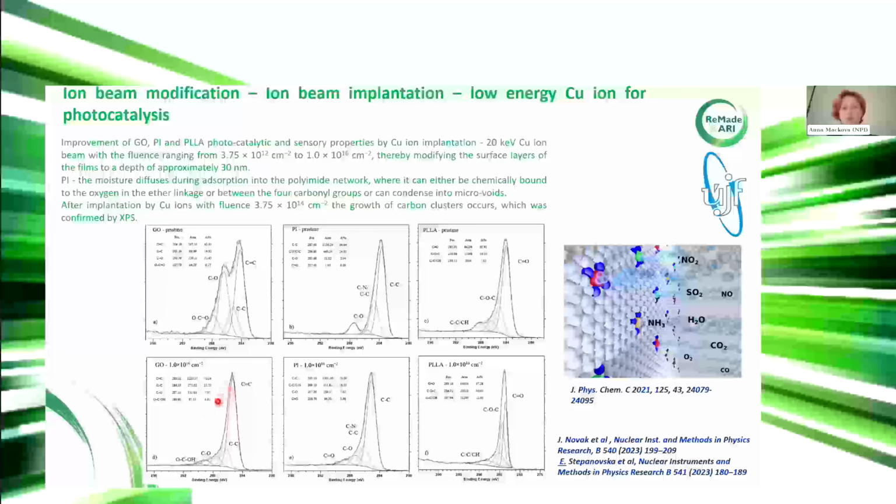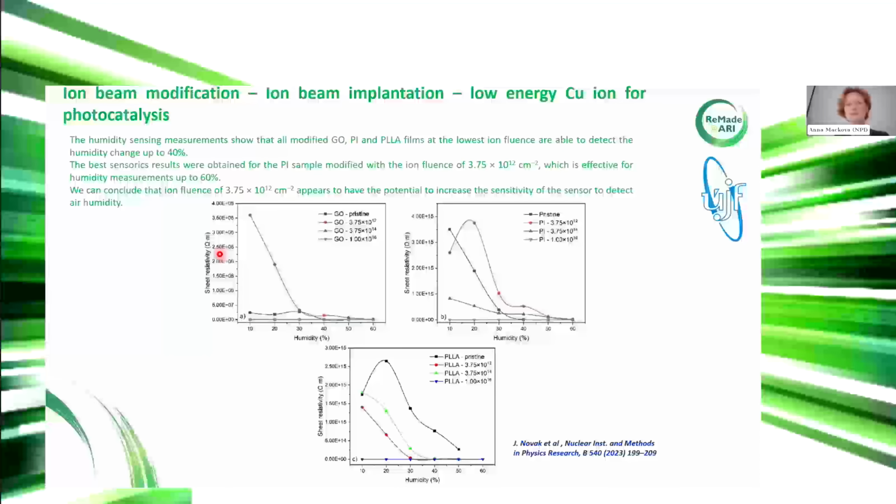So if we check it, this is XPS, an analysis of surface chemistry, where we really saw that after the implantation there is reduction of oxygen species, which was expected. But from our point of view, we would like to see if it would work as a sensor.